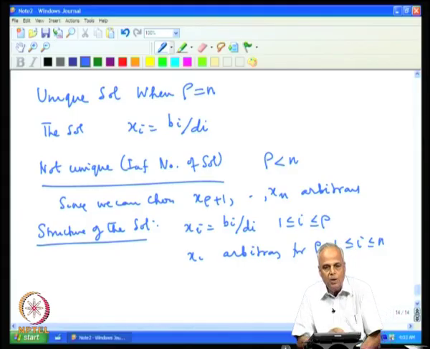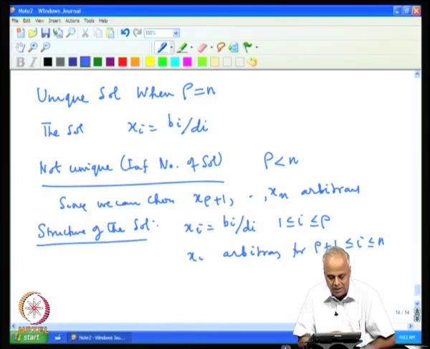Now, we have not answered one further question. Whenever we have infinite number of solutions, we would like to have a criterion by which we choose one solution as the representative solution. We will come back to this question a little later. It is not very difficult, but we will handle them all together.